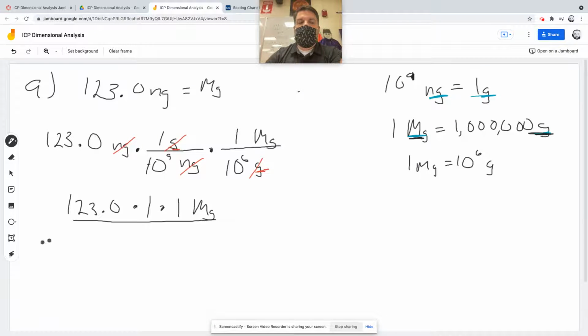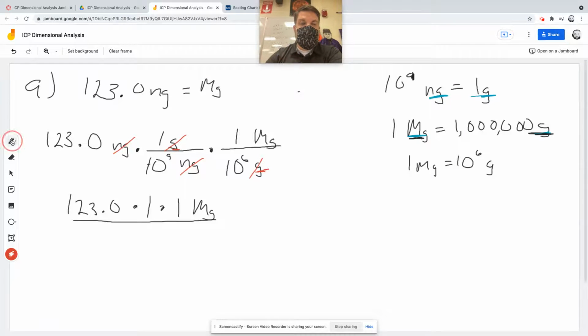In other words, I have 123.0. This was canceled, so I just put 1 here. And then I have 1, so I put my 1 here. And then my final unit, which is megagrams, and I have that here. And that's what I'm looking for.